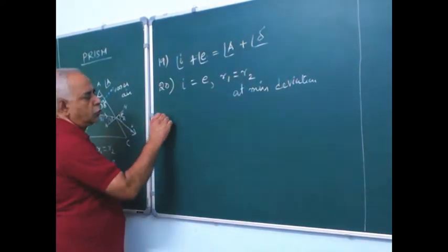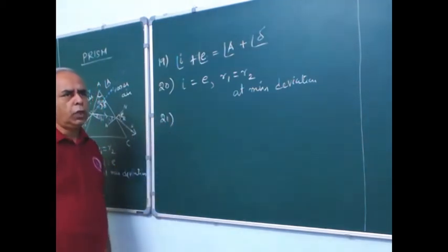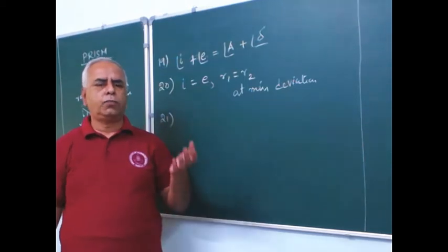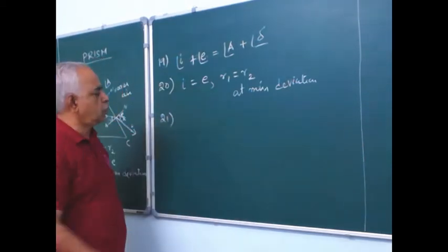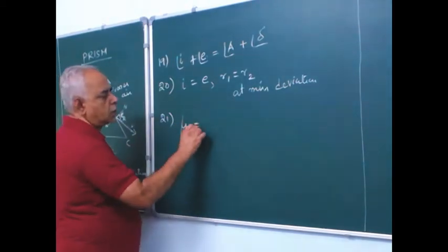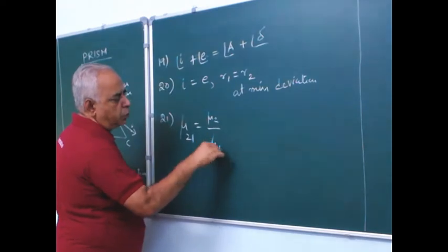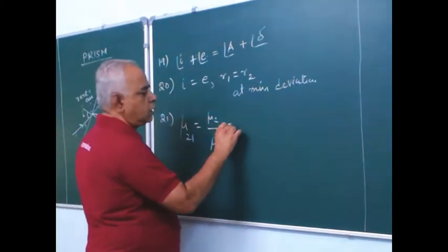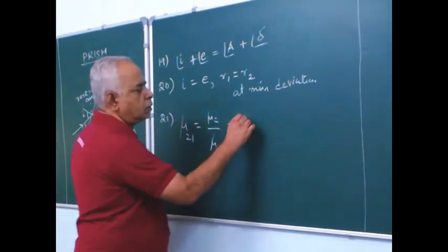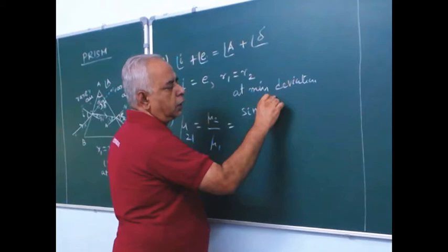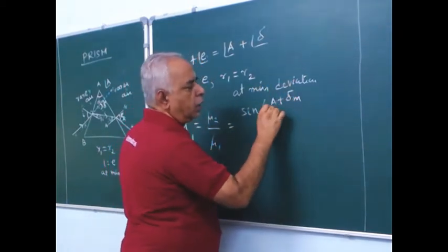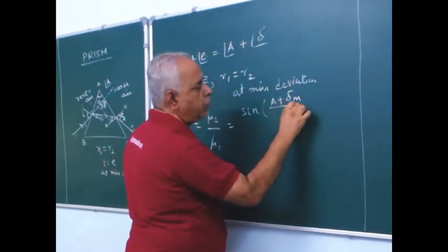Okay. Now the 21st formula. Here we are interested to find out the refractive index of the second medium with respect to the first one. So that should be represented as mu21. That is nothing but mu2 divided by mu1. So mu2 is the second one, is it not? So that is nothing but sine of (A plus delta m), the angle of minimum deviation, whole divided by 2.